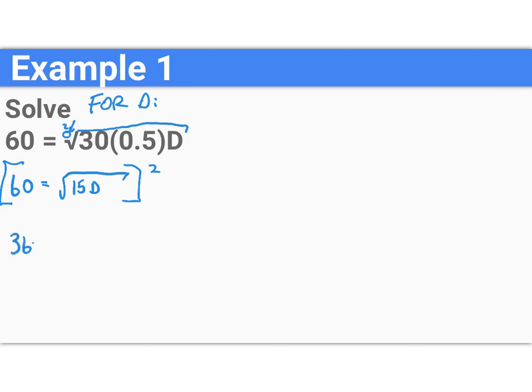And so 3600 equals 15D. Squaring makes square roots go away, and square roots make squares go away. So when we divide by 15 on both sides, we get 240 equals D. And then you can always check this by putting 240 back in and multiplying 15 times 240 to see what you come up with.